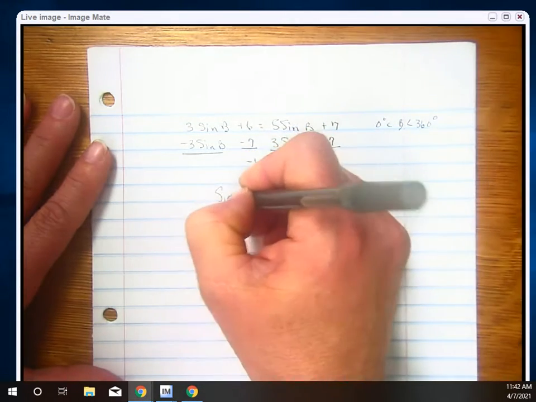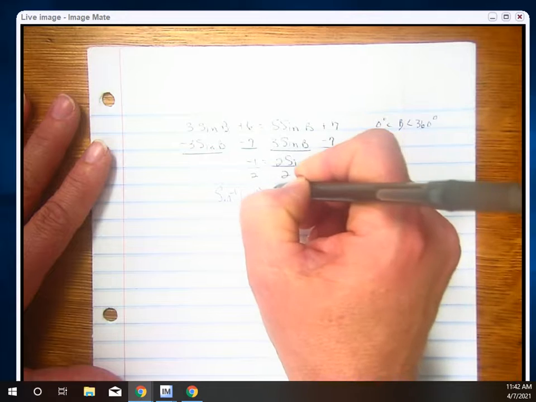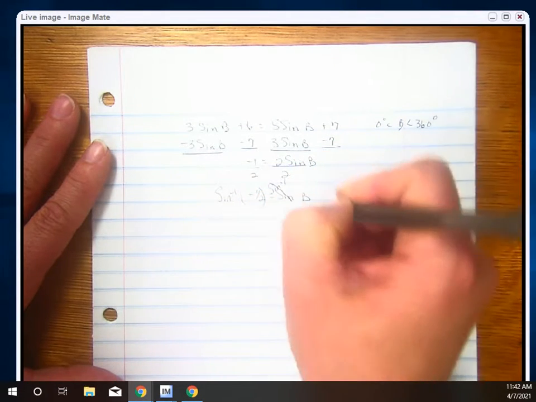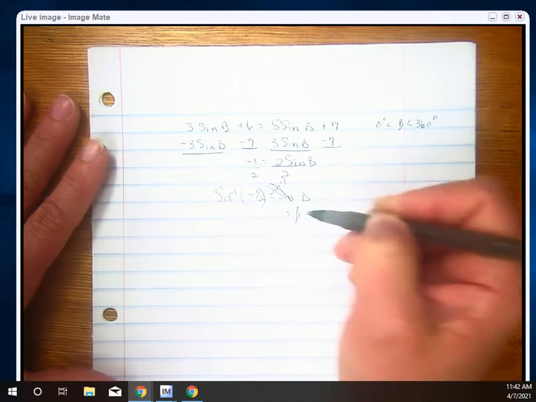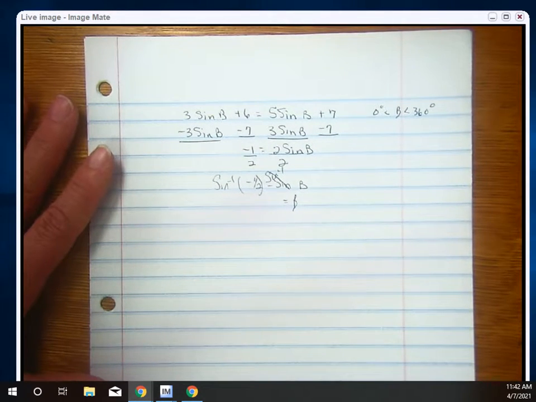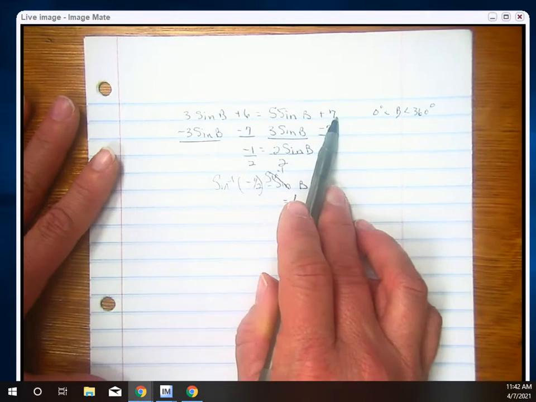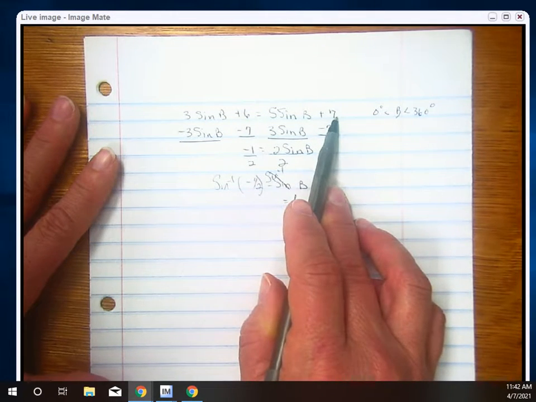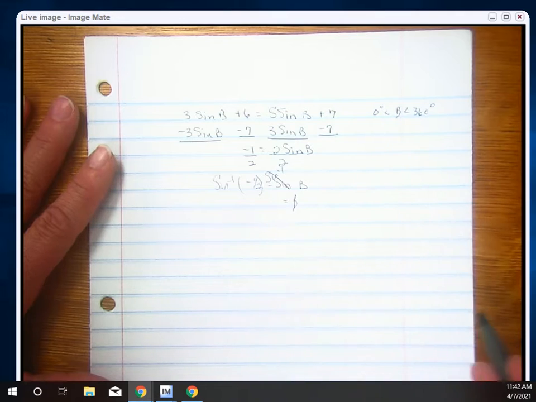And we need the arc sine of a negative 1/2. So what angle? And where did you get the negative sign? This was 7. So you undo a positive by subtracting.